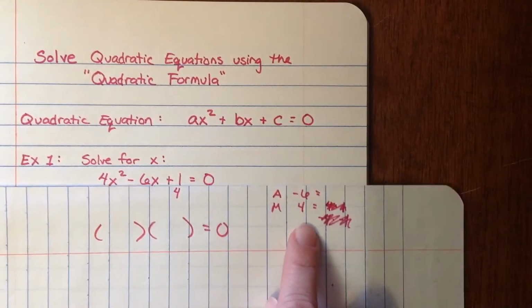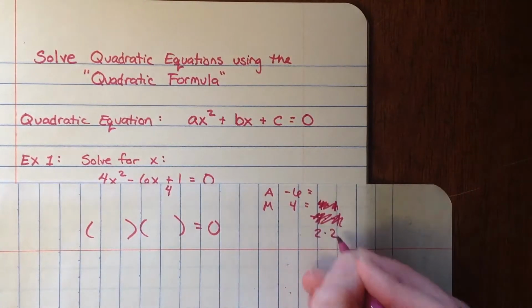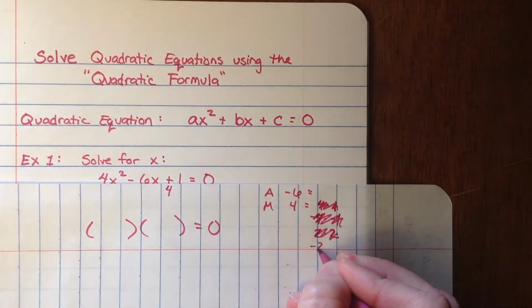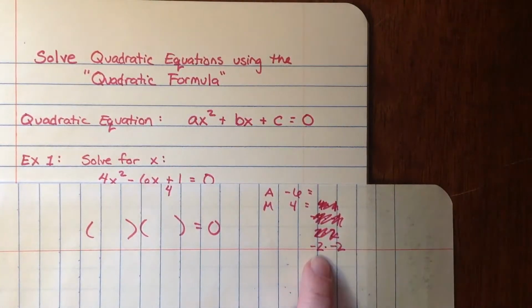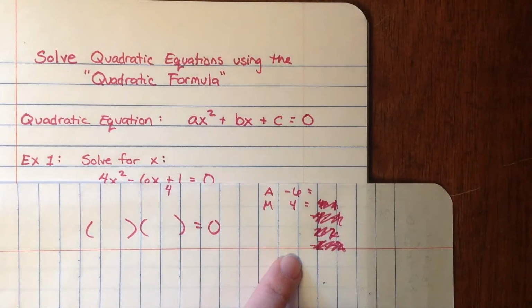Well, the only other things that will multiply to get +4 are 2 times 2, which doesn't give me -6, or -2 times -2, which also doesn't give me -6. And so I get stuck here.